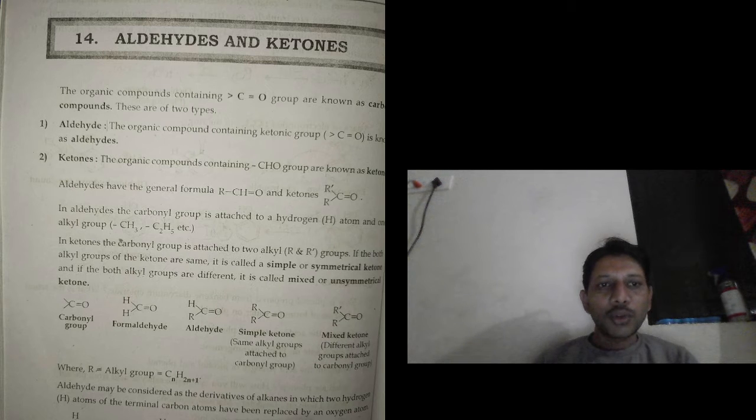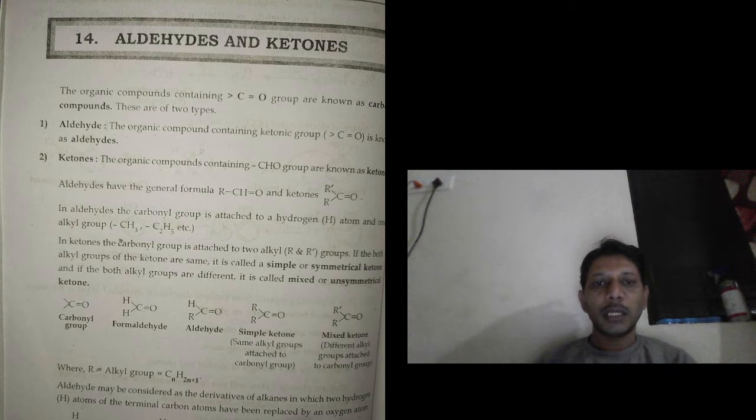Actually this CHO group is the aldehyde group, whereas this C double bond O is the ketone group. But while printing, these groups are mismatched here. So this is aldehyde group CHO and C double bond O is a ketone.